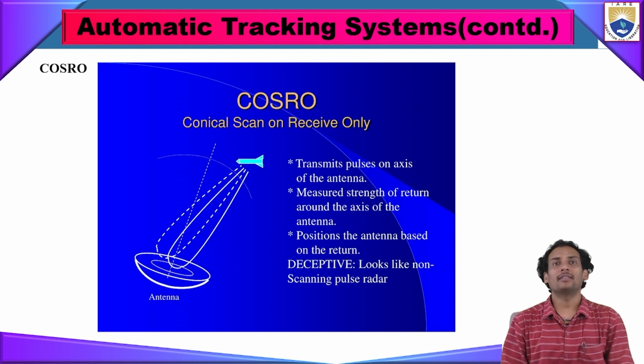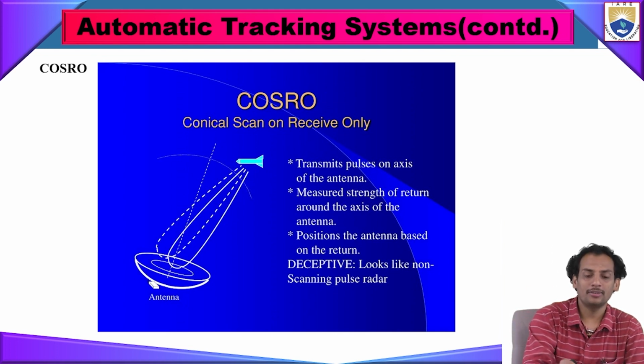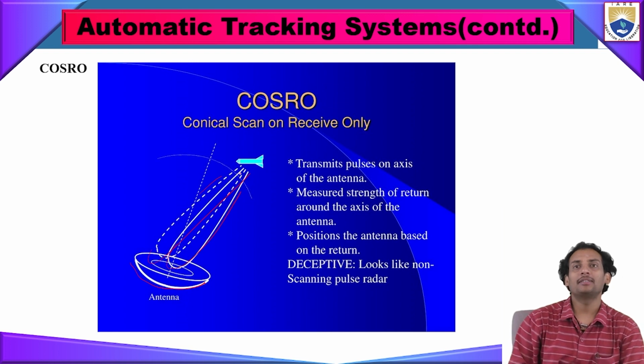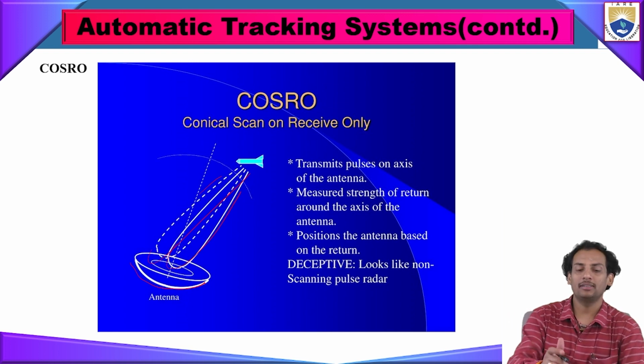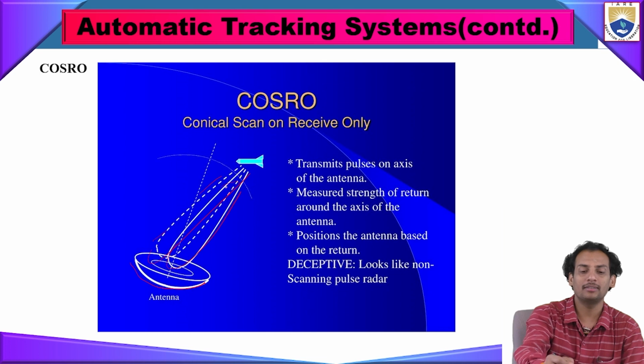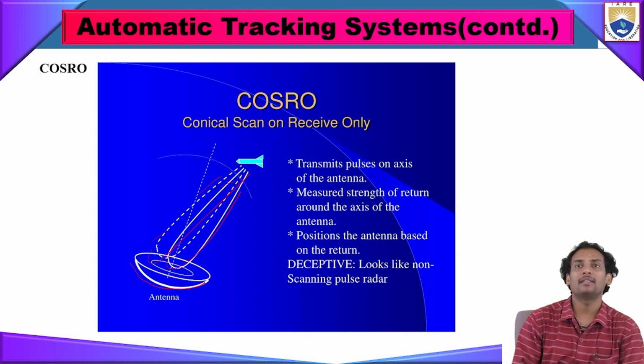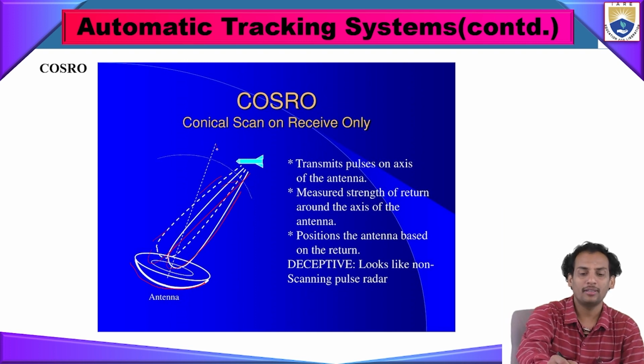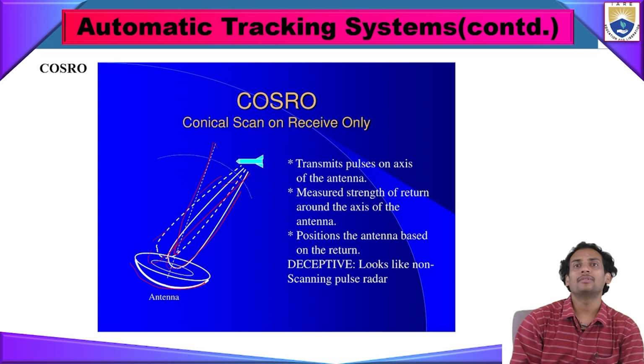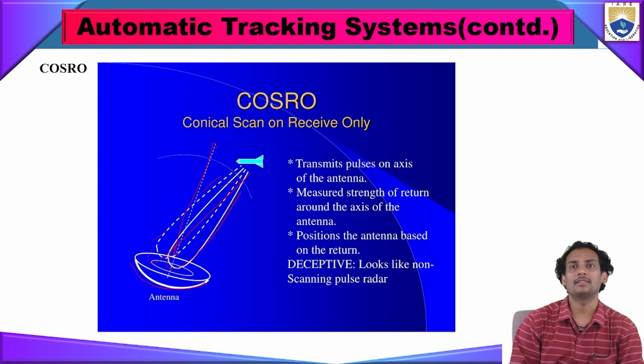See here, the antenna is like this and the lobes are given like this. The transmit pulse is along the axis of the antenna, and the measured strength of the return around the axis of the antenna is also given like this. So the positioning of the antenna is based on the received deception only.